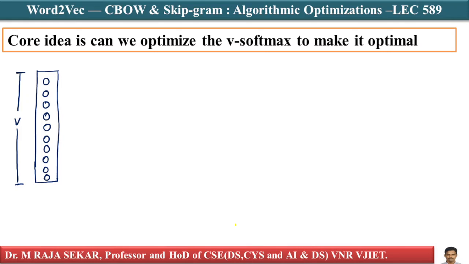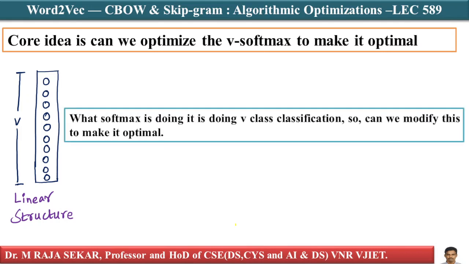This is a linear structure. There is a data structure called a binary tree, isn't it? This is V class classification, because the output word can belong to any one of the V classes, one of the V words in the vocabulary, isn't it?